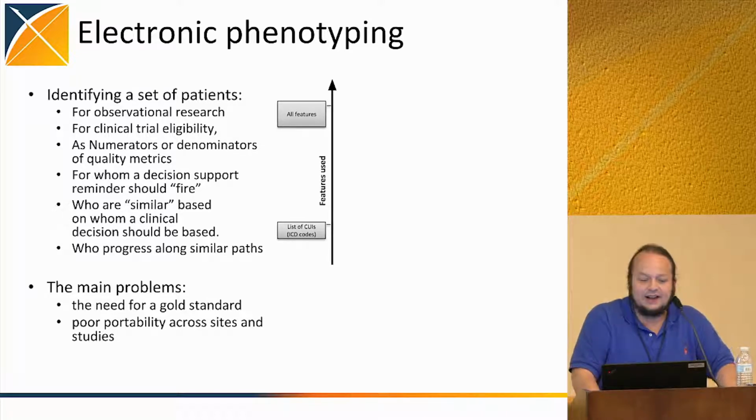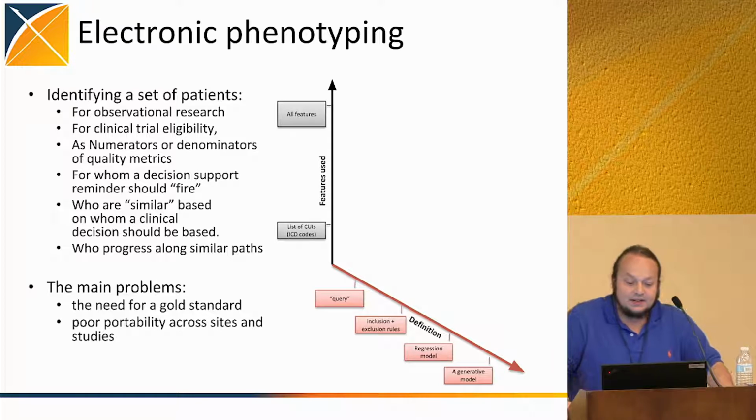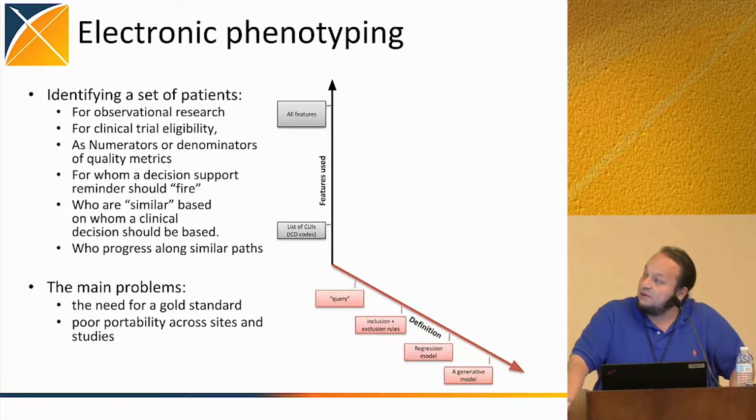So the way that I look at phenotyping, and this is from previous work, is along several dimensions. In one dimension, the features used, you go from a list of ICD-9 codes to all features, meaning using everything you have from the patient.